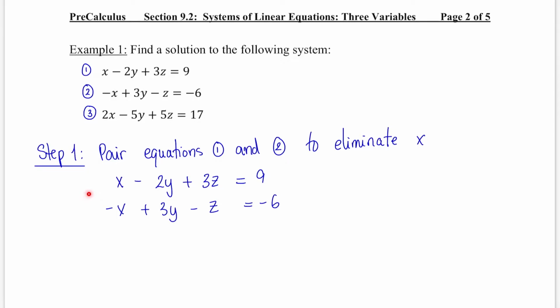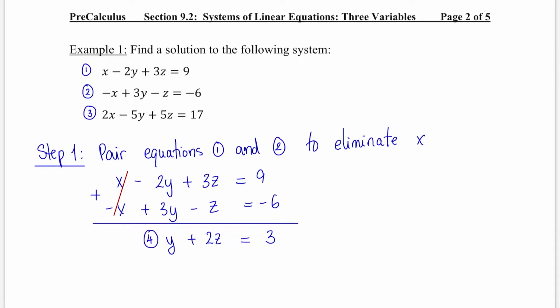If I add the two equations now, x will be eliminated. Negative 2y plus 3y is y. 3z plus negative z is 2z. 9 plus negative 6 is 3. So I have y plus 2z equals 3. I end up with one equation and two unknowns, and I call this equation 4.